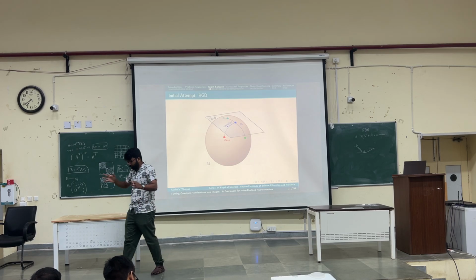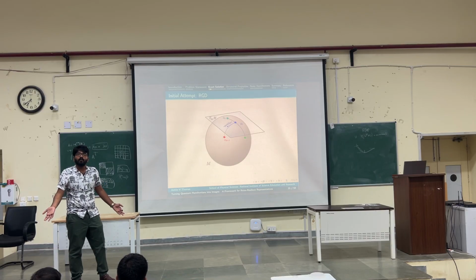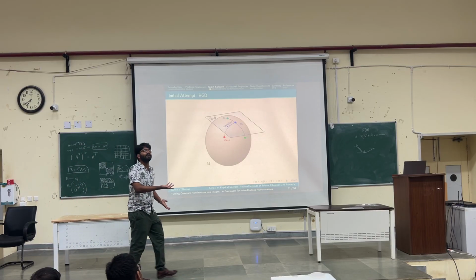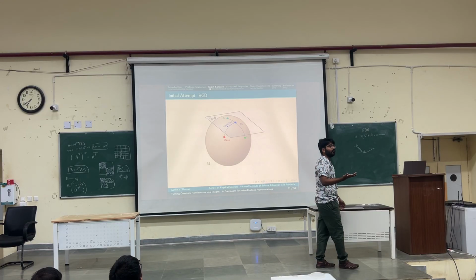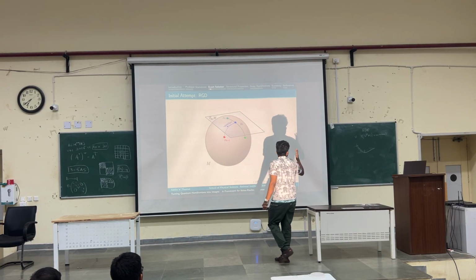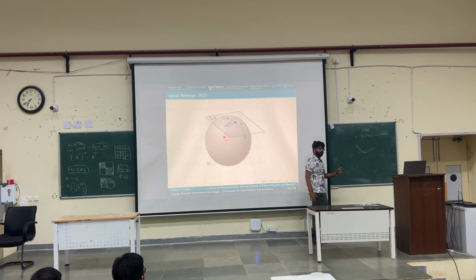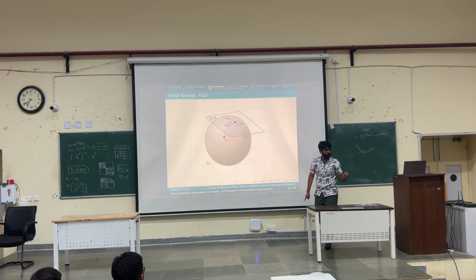Or if you compute the gradient of the function at a point and you move along the gradient, you will go out of the sphere. You will go out of the manifold. So you can't do descent here. These kinds of optimization problems are called non-convex optimization problems. And this problem that we have here is a non-convex optimization problem because, similar to moving on the sphere, the constraint here is that U should be unitary.